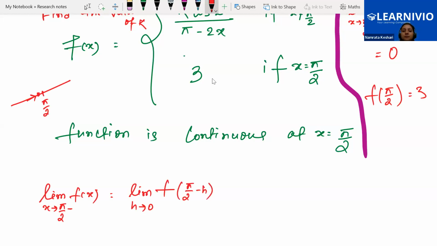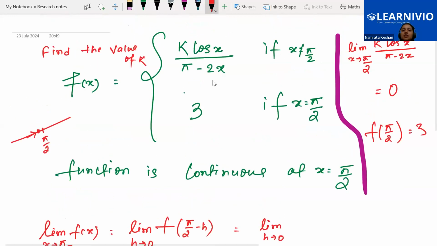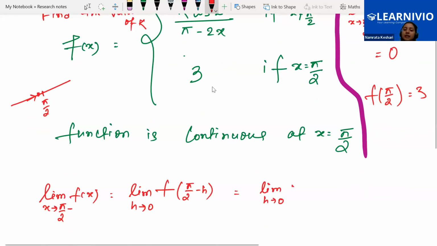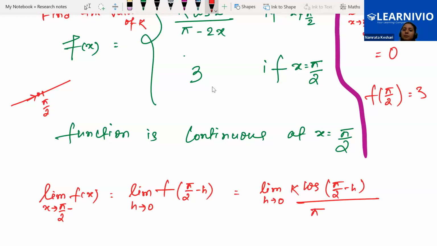Right, Fatima? Yes. So limit h tends to 0, f of pi by 2 minus h will be k cos of pi by 2 minus h over pi minus 2 into pi by 2 minus h, right? Yes.